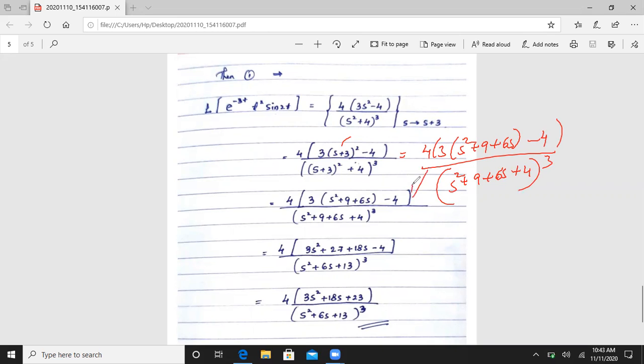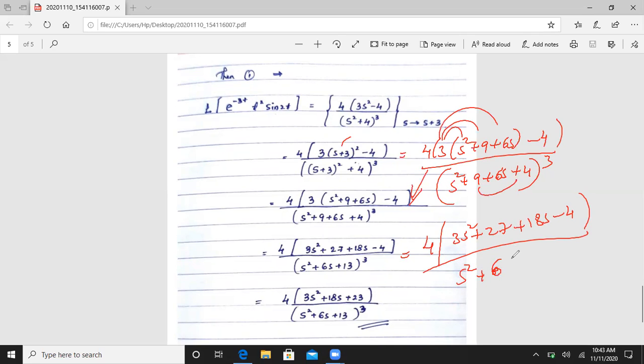So we simplify this function: 4 into 3s square plus 27 plus 18s minus 4, divided by s square plus 9 plus 6s plus 9 plus 4 is 13, whole cube.